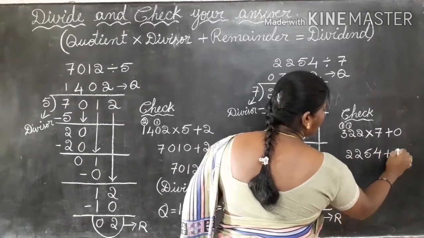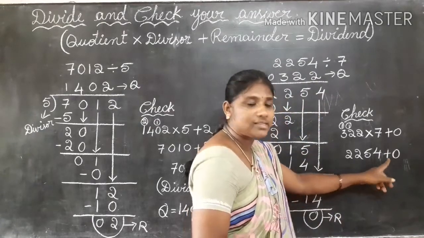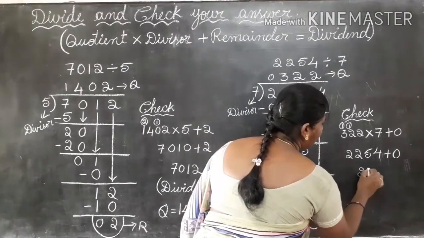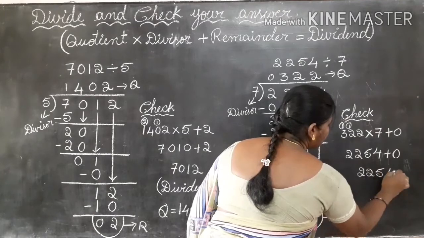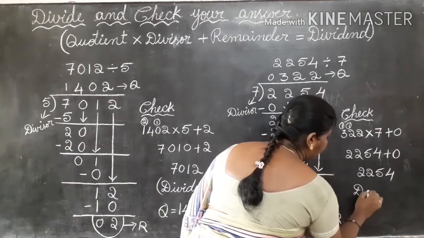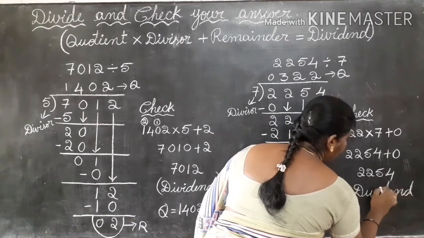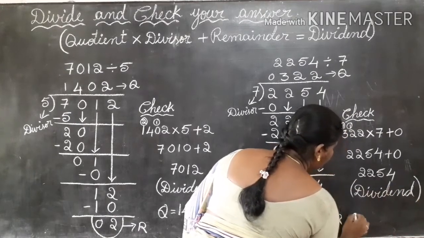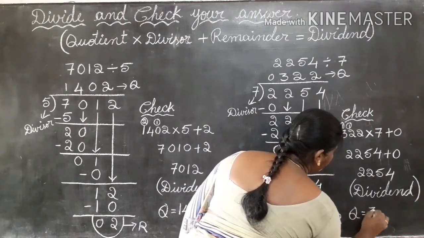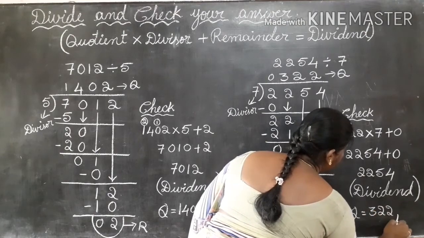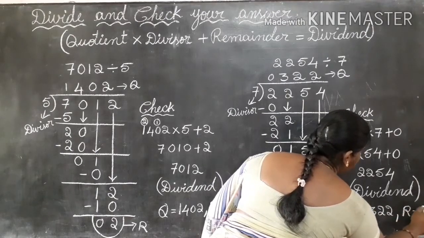Plus 0, 2254. So it is dividend. Now what is quotient? Quotient 322, remainder 0.